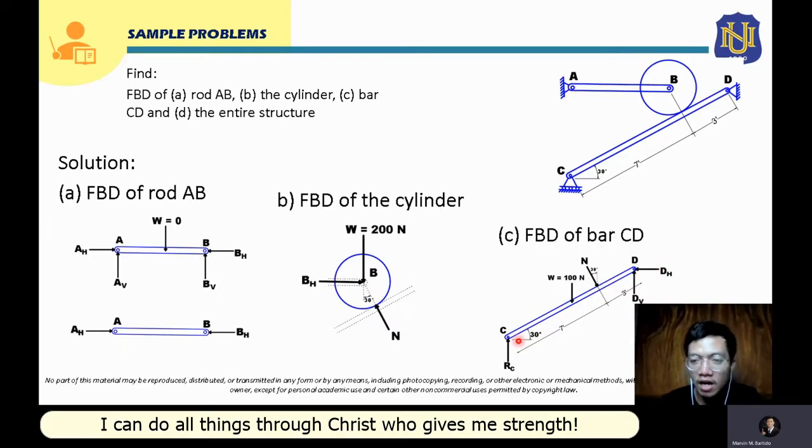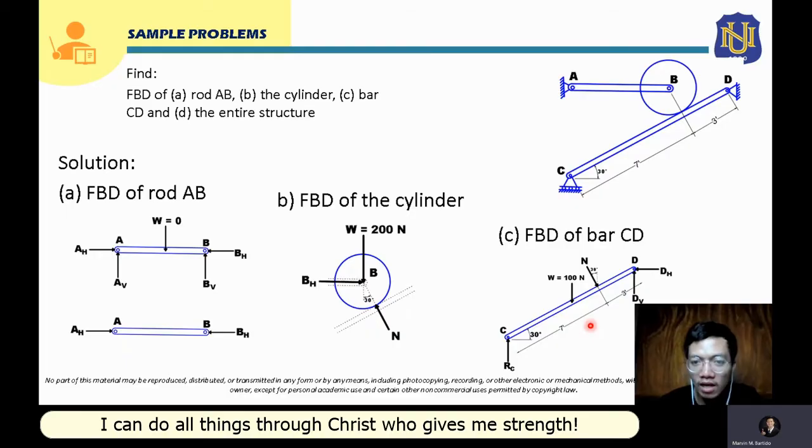From here, for your fourth step, you have to show the dimensions and the angle. We have here 7 feet from point C up to the point of application of the normal force, and from the application of the normal force to point D, it is 3 feet.